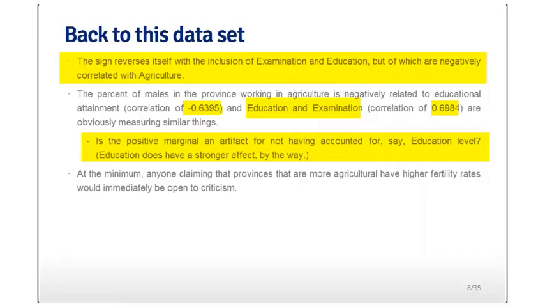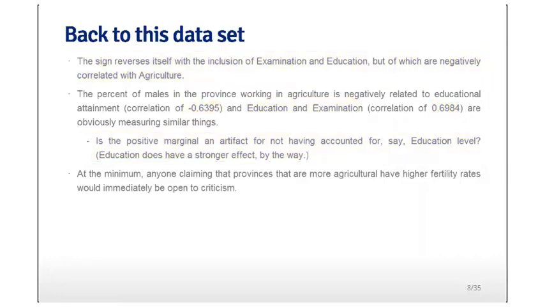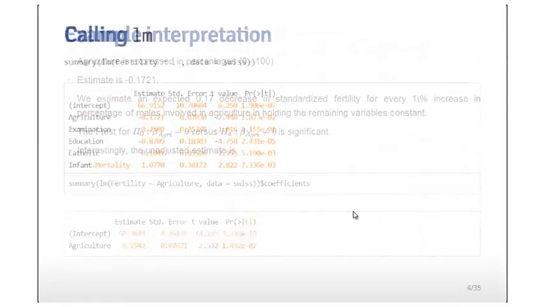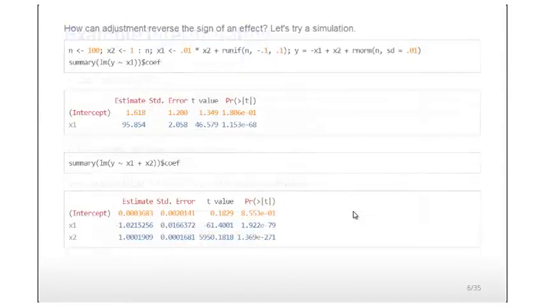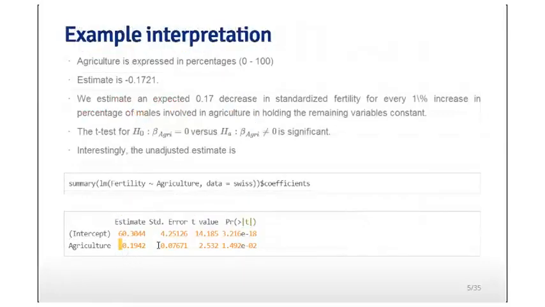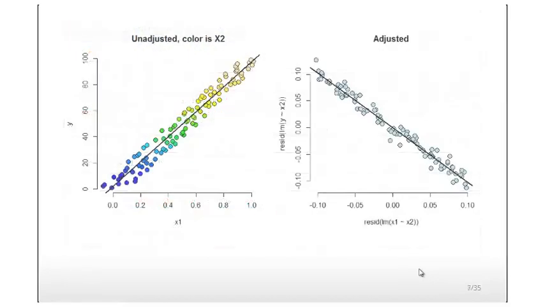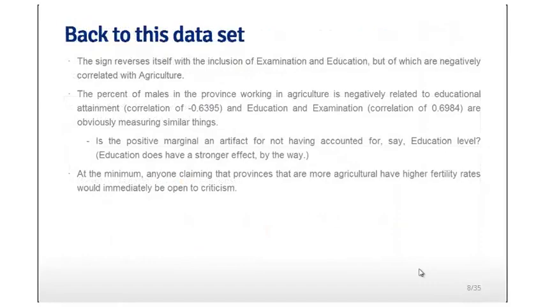At the bare minimum, what one could say, and in this data set it seems reasonable, is that if someone were to fit this marginal model and claim that this marginal effect of 0.19 is conclusive proof that an increasing percentage of males working in agriculture reduces fertility rate, for whatever the reason, there would be some skepticism and criticism that you could levy at that model by saying, well, if you were to include education, not only does the effect not hold up, it actually reverses itself.